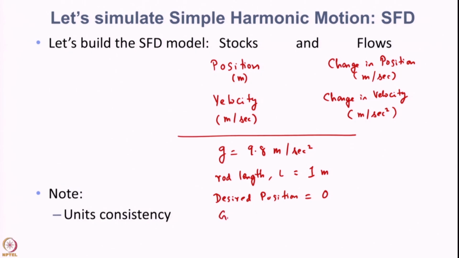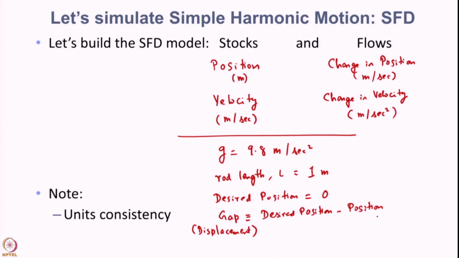Then we can define a gap, which is nothing but the displacement, as the gap between the desired position minus the actual position. The stock position is going to be capturing the actual position.